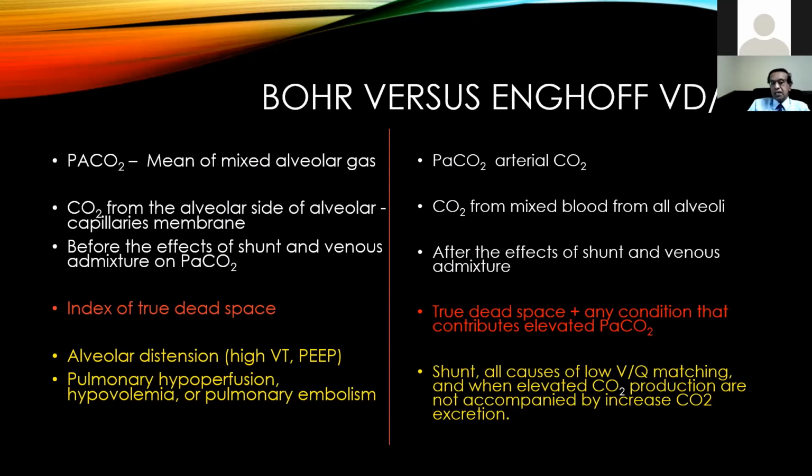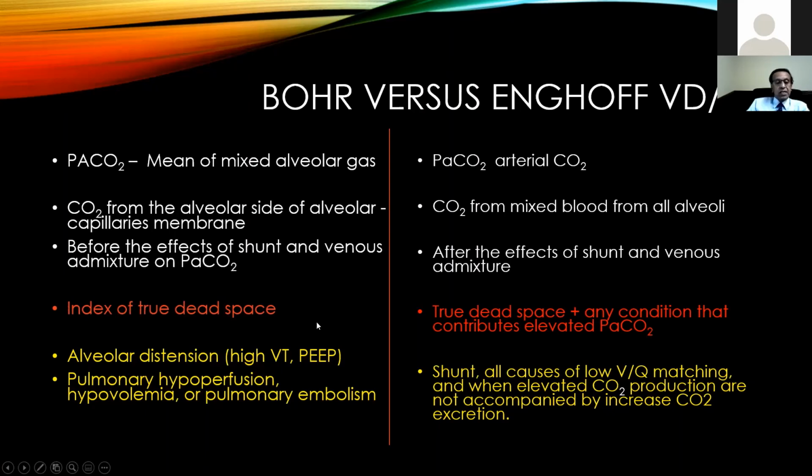So it is the other side of the alveolar capillary membrane. Bohr's physiological dead space is before the effects of shunt and venous admixture on PaCO2. In Enghoff's modification, it is after the effects of shunt and venous admixture.